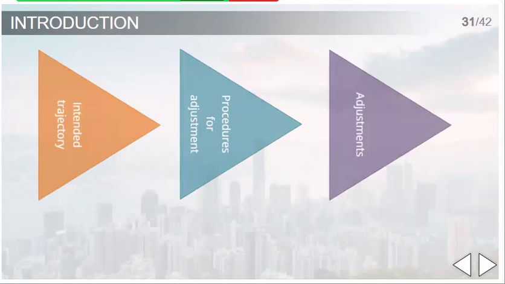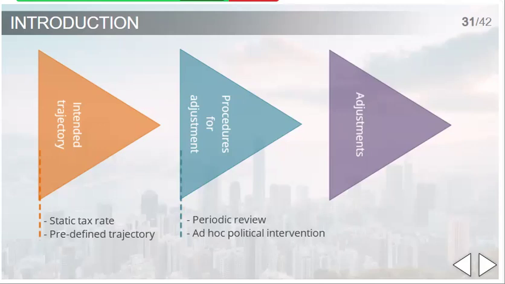For example, the intended tax rate at the time of adoption can be static or increase by a predefined value each year. Similarly, the tax legislation can include provisions for a periodic review of the tax rate, or leave it to policymakers or respective authorities to make changes ad hoc.